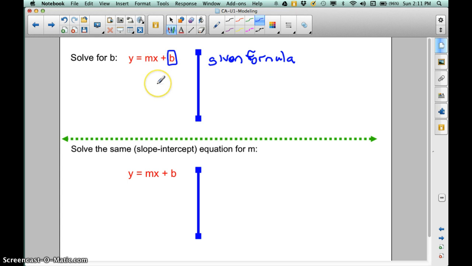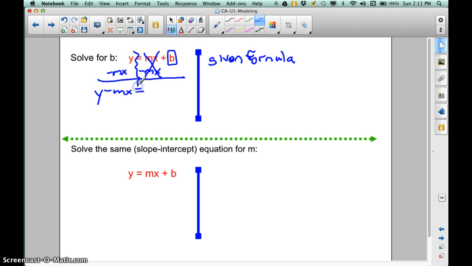So keep in mind, since I'm not interested in moving the b, it does me no good to say let's minus b from both sides. But I can minus mx from both sides. And when I do that, it serves my purpose because positive mx minus mx cancels each other out. And on the left side of the equal sign, remember they're not like terms, you just write them, y minus mx equals, notice my equals did not change position.